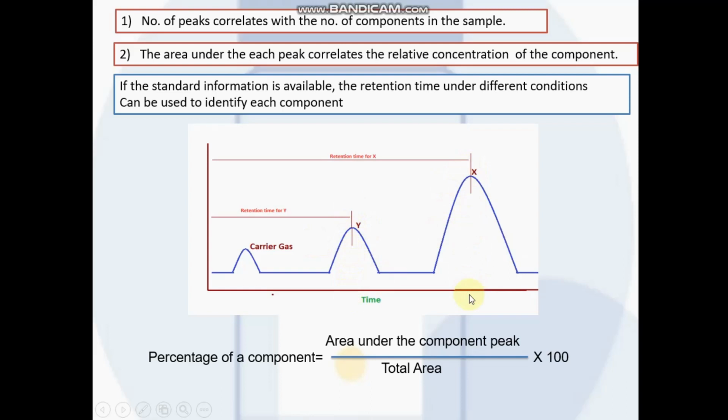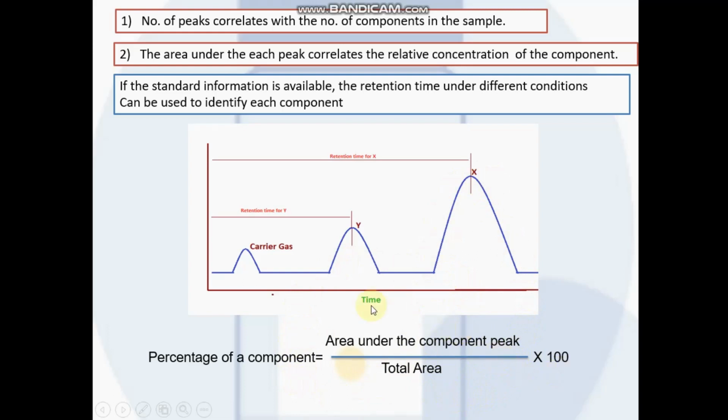Suppose we want to calculate the percentage of a component. Percentage in a mixture is calculated by this equation: the area under the component peak divided by the total area, times 100.